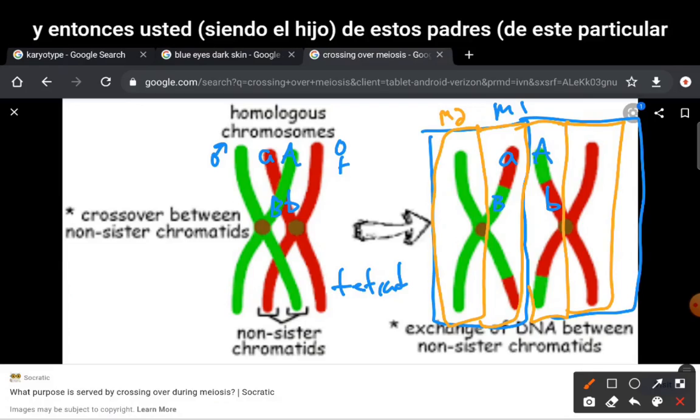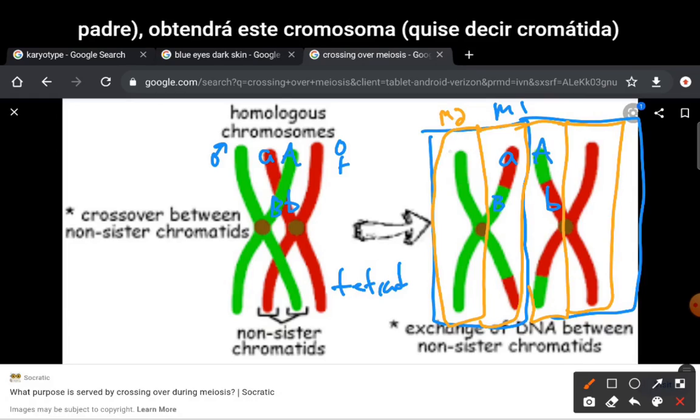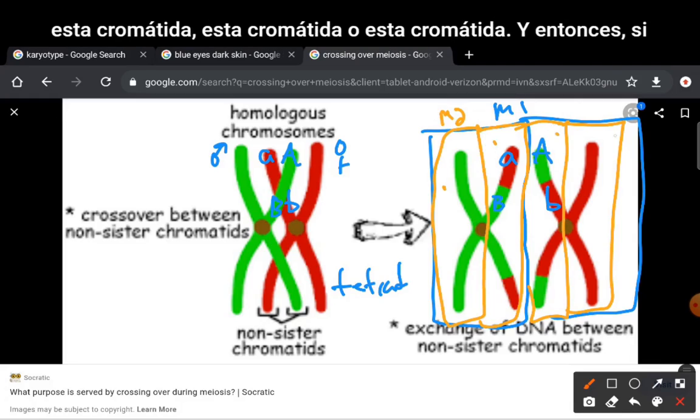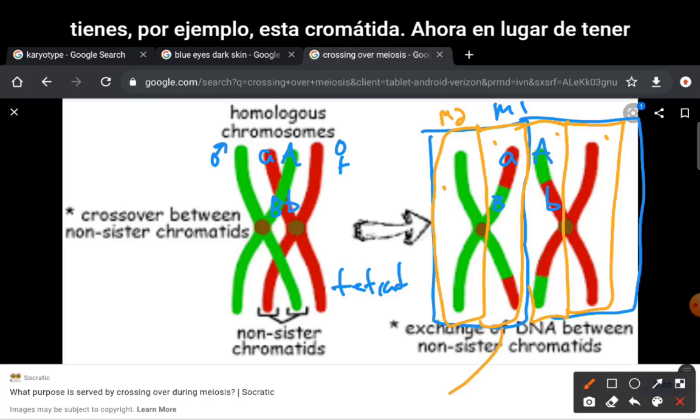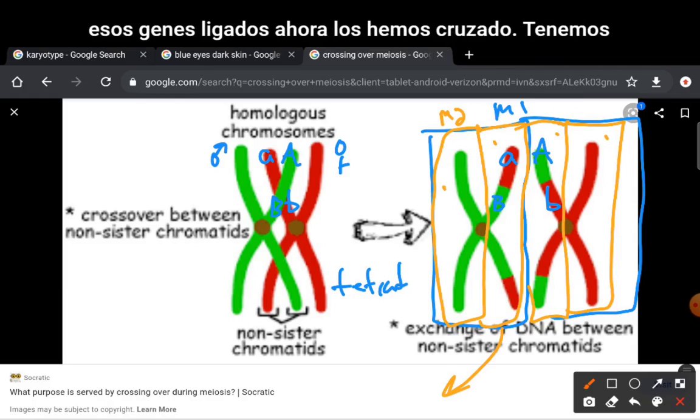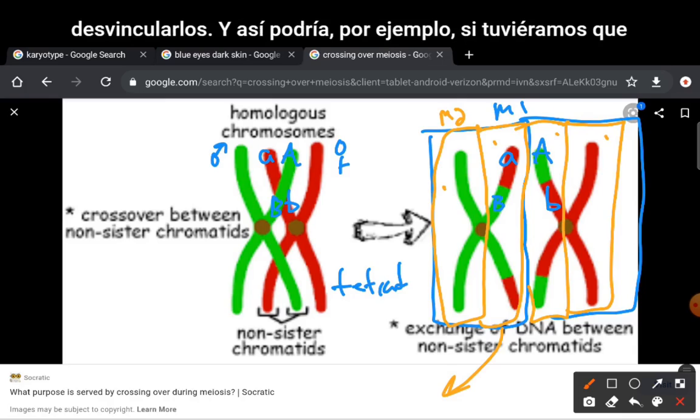And so you, being the child of this particular parent, will either get this chromatid, this chromatid, this chromatid, or this chromatid. And so if you got, for example, this chromatid, now instead of having those linked genes, we have now crossed them over. We have unlinked them.